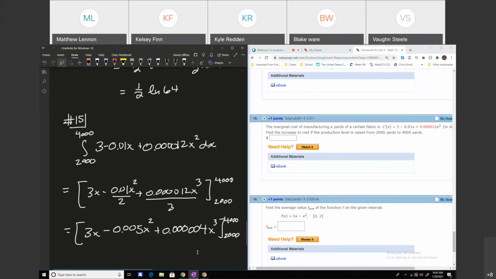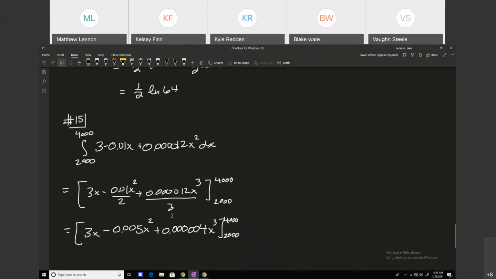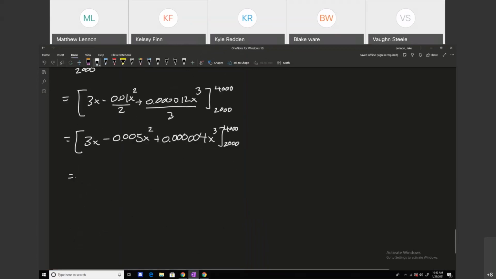Okay, so I'm going to expand this a bit because it's going to be pretty big to plug in. So it's like 3 times 4,000 minus this number times 4,000 squared, plus this other really small number times 4,000 cubed. Okay, so that's the first one.